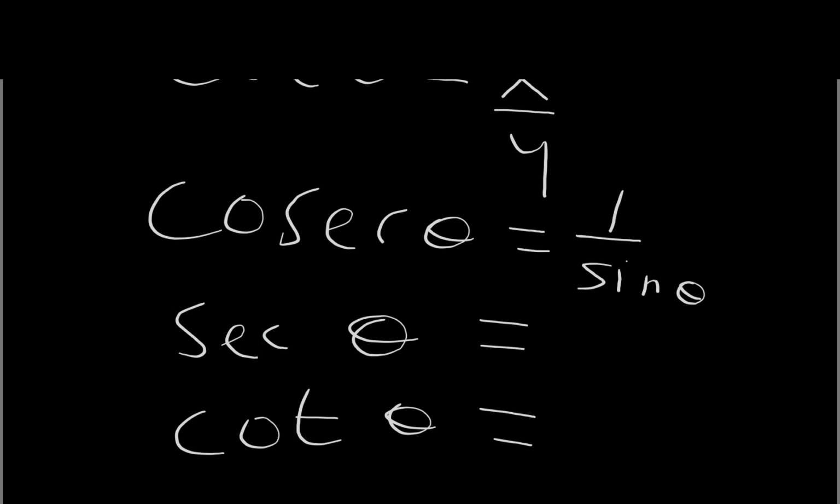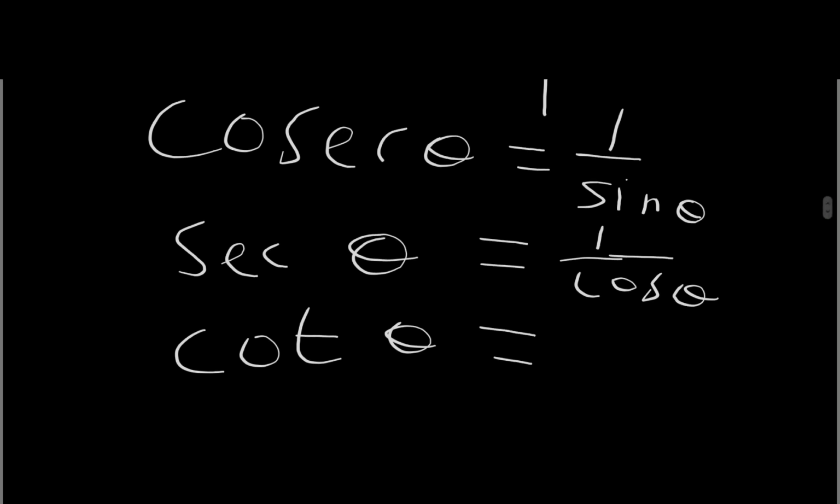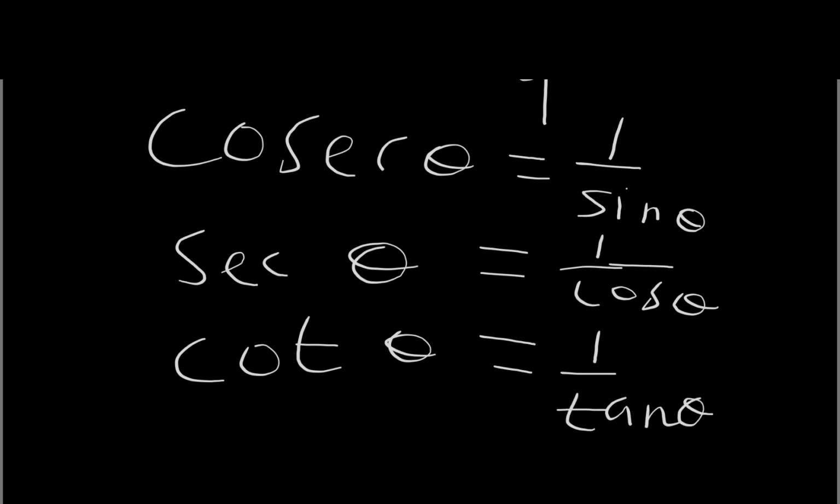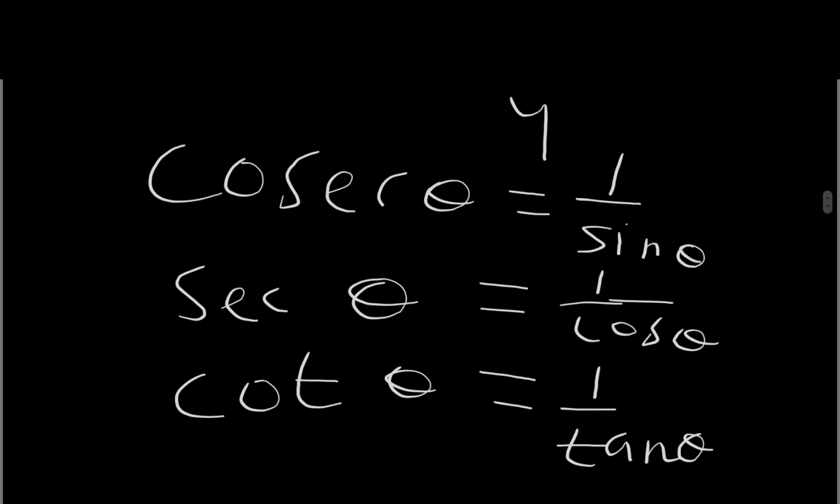C, which represents cos. So you now have 1 divided by cos theta. And lastly, we have cot theta. And clearly, the third letter is what? T, which represents what? Tan. So we have 1 divided by tan theta. So this is a trick you can use in order to remember all these trigonometric ratios.